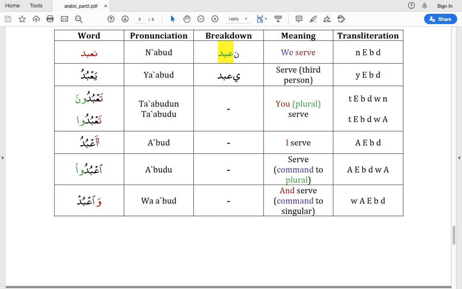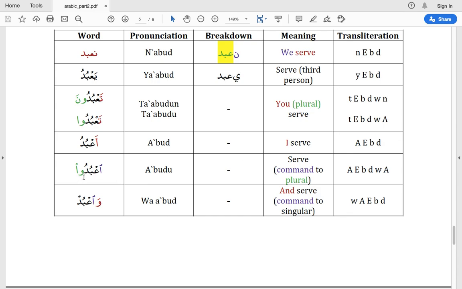You don't have the hamza, you have something else here. What that means is that if you see this symbol at the top, then that's a command. It's something you have to remember. This is how it works. If there's a hamza, that means it's me. I serve. And if it's this thing at the top, then it's going to be a command.